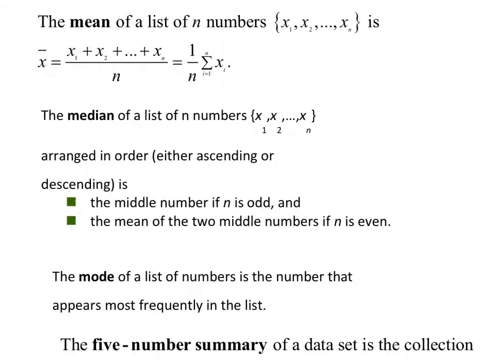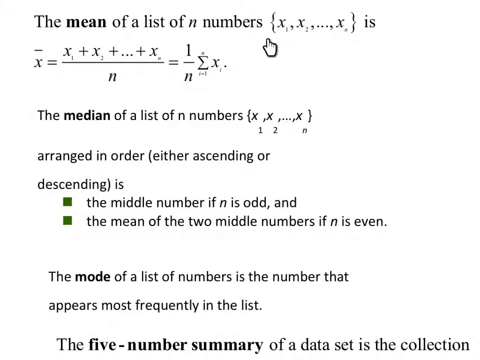Alright, the mean of a list of n numbers, and see this x bar, that's the statistical symbol for the mean. You add them all up and divide by how many there are. The median is the middle of a list of n numbers arranged in order, so you have to go either ascending or descending. Generally speaking, they're written in ascending order.